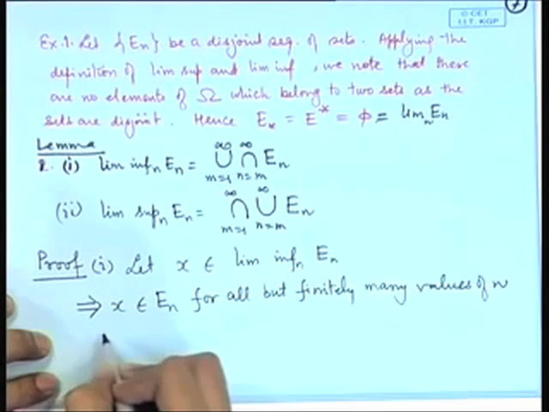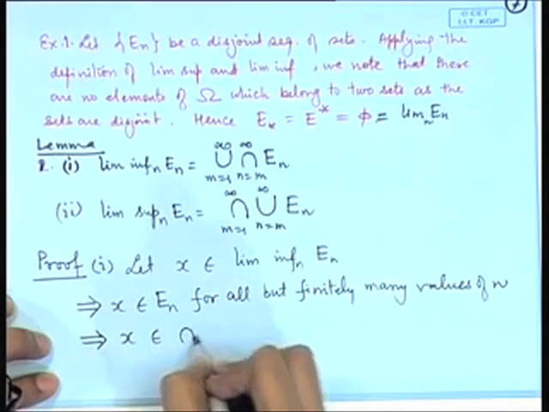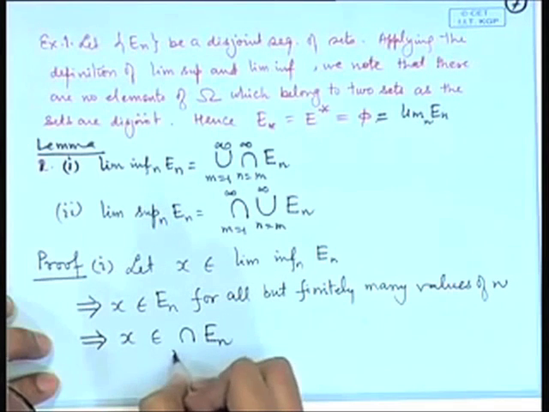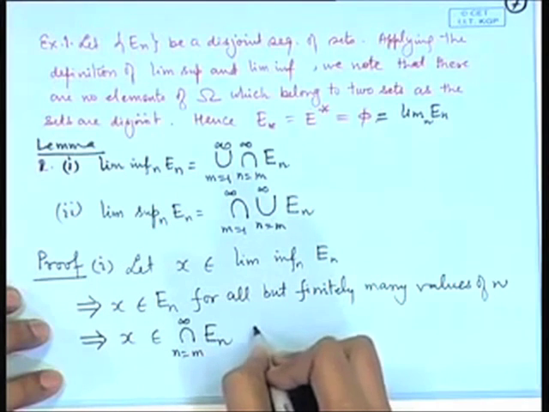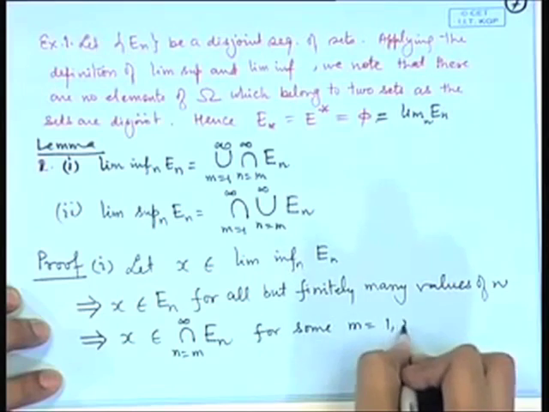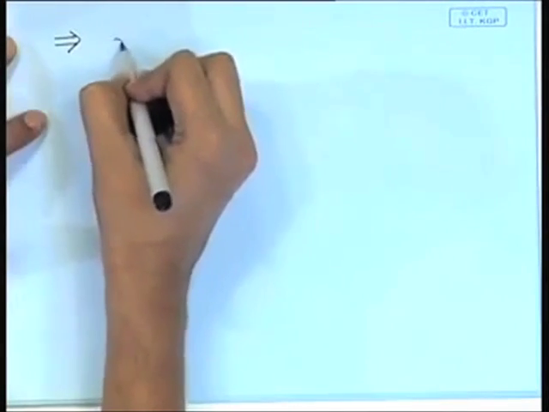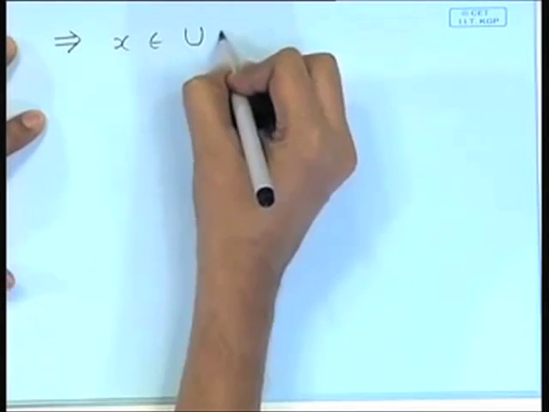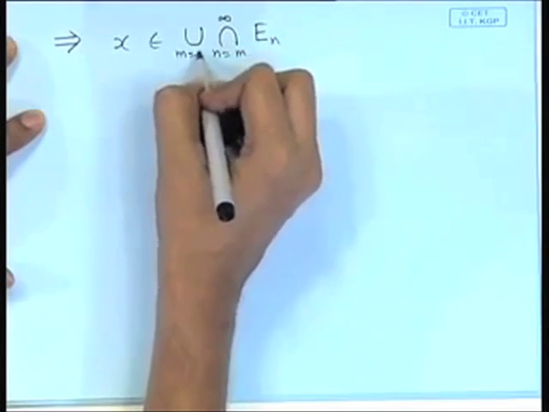This implies that from a given m onwards, x will belong to all the sets En. That means x will belong to the intersection of En, n is equal to m to infinity, for some m equal to 1, 2, etc. Clearly, this implies that x belongs to union intersection En, n is equal to m to infinity and m is equal to 1 to infinity.